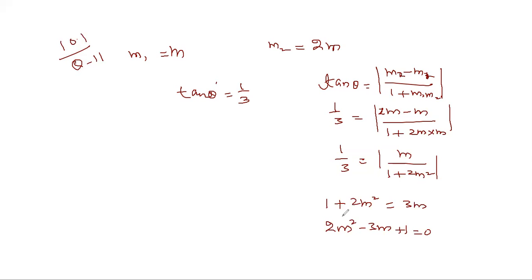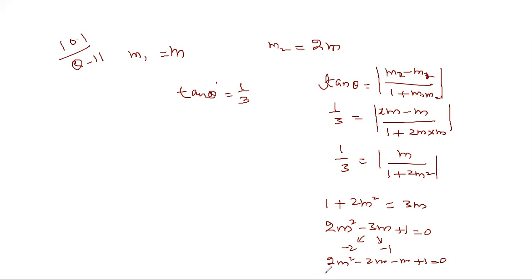Then split into two parts, -2 and -1. So this will become 2m square minus 2m minus m plus 1 is equal to 0.